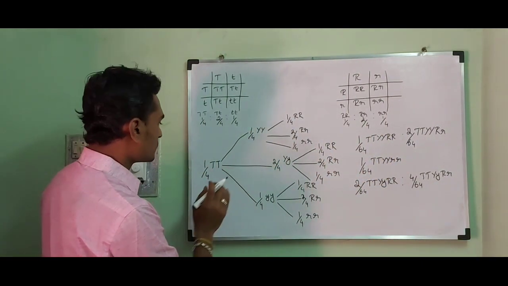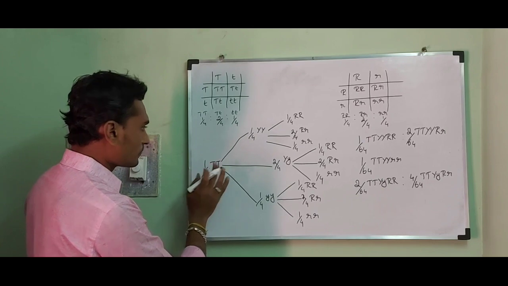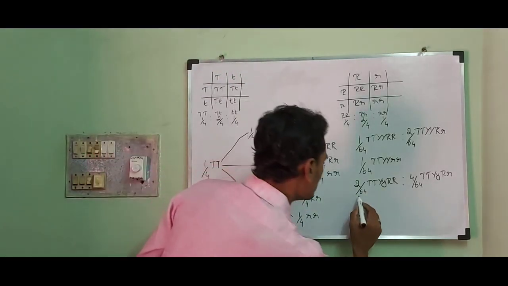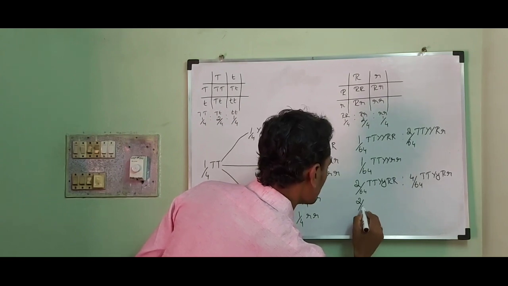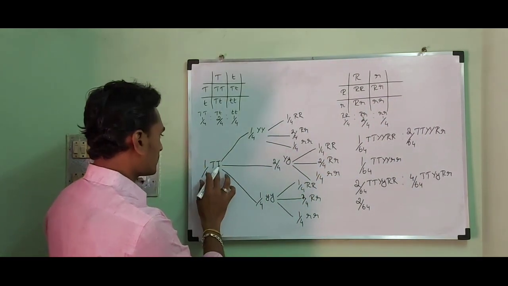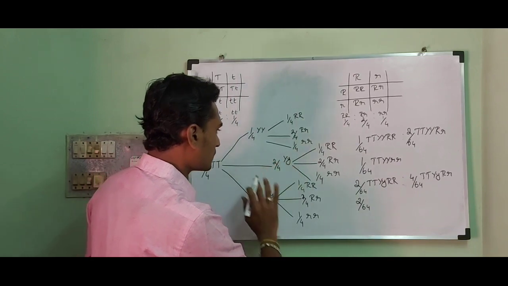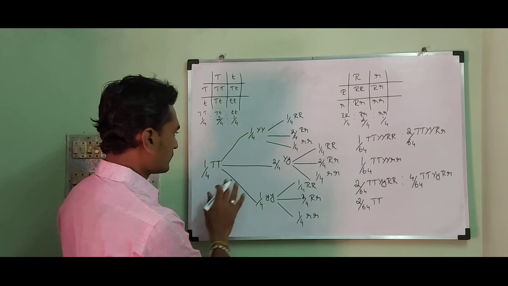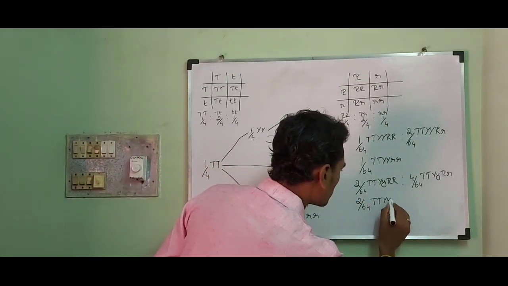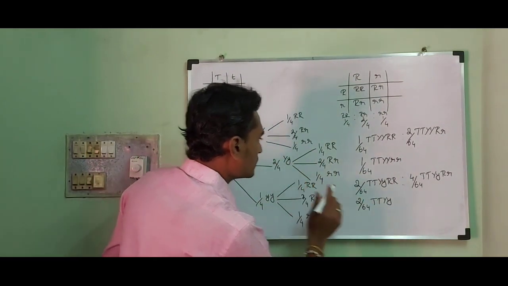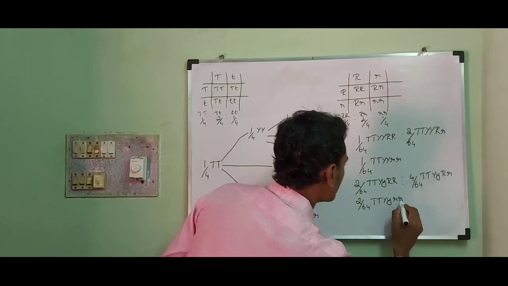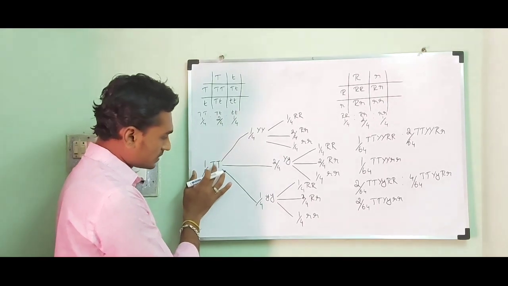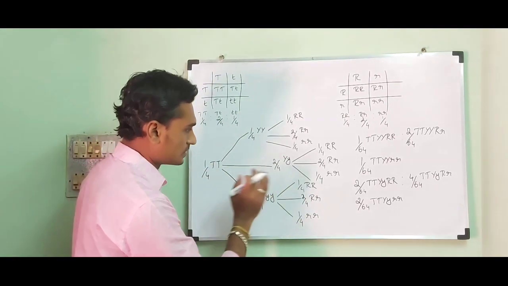Then the third possibility: 1 by 4, 2 by 4 and 1 by 4. So 2 by 64 capital T capital Y small y small r.